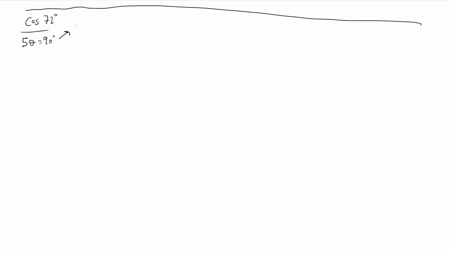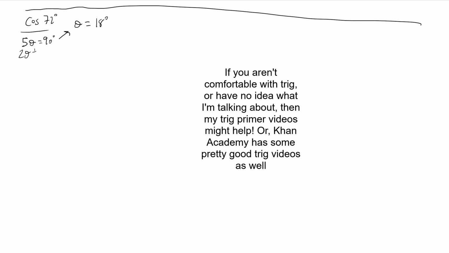But theta is going to be 18 degrees if we just divide both sides of that by 5. And so we can rewrite this as 2 theta plus 3 theta is 90 degrees, or 3 theta is 90 degrees minus 2 theta.